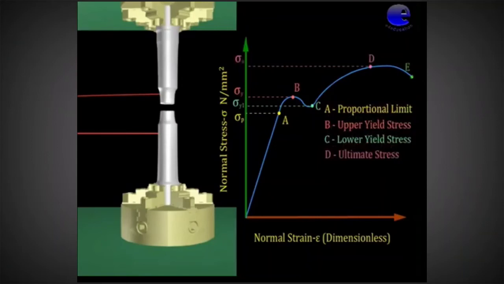After reaching the ultimate stress point D, the curve suddenly falls with a rapid increase in strain. Hence, the specimen breaks at the point E. This point is called the breaking point. The stress corresponding to the breaking point is called the breaking stress.